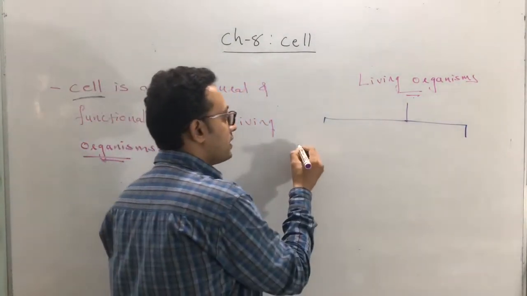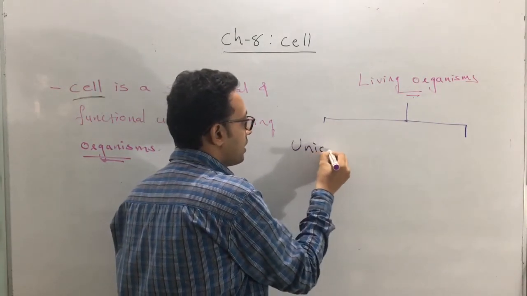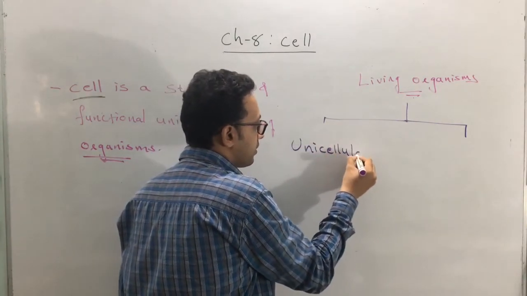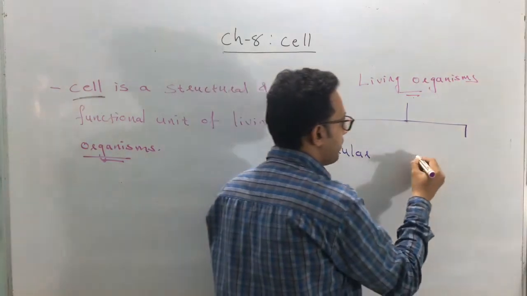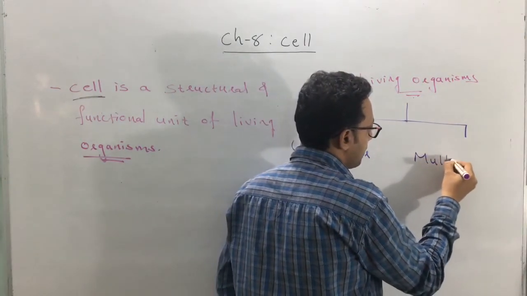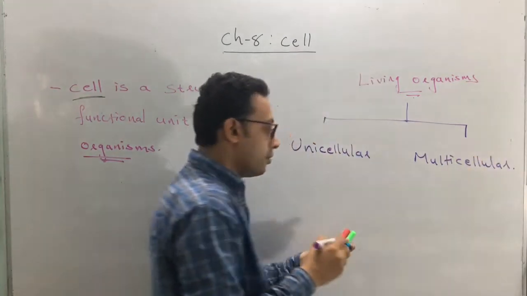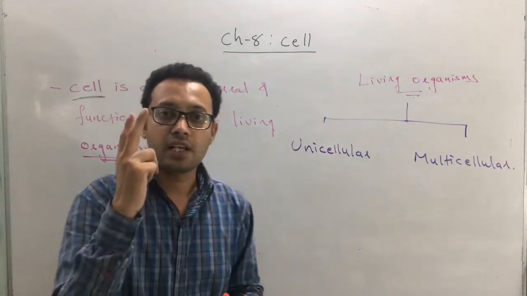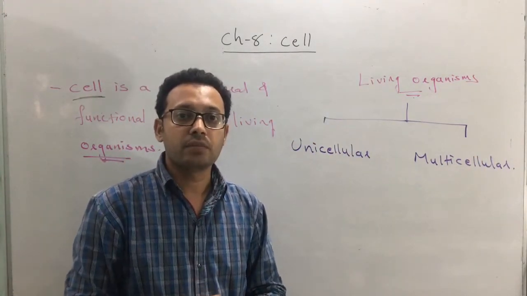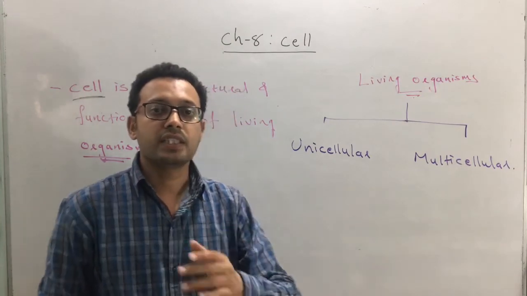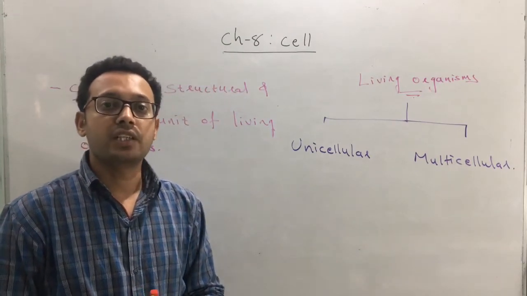The first is called unicellular, and the second one is called multicellular.